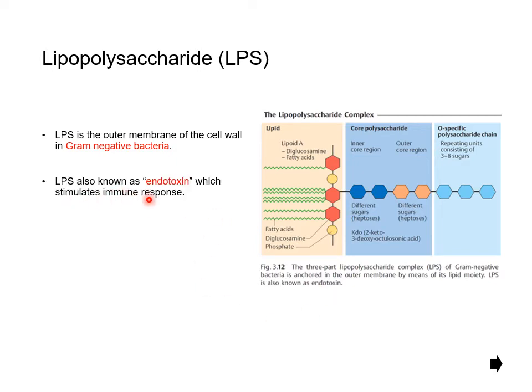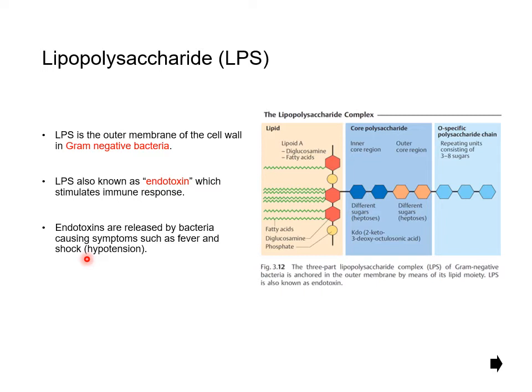We also call it endotoxin, because an endotoxin is a structure that is toxic to us, but also has an antigenic effect, which means it will stimulate our immune system to work against it. You will learn this in more detail in the immunology part of this course. But these endotoxins are very, very harmful.